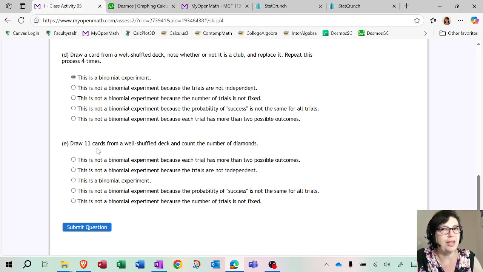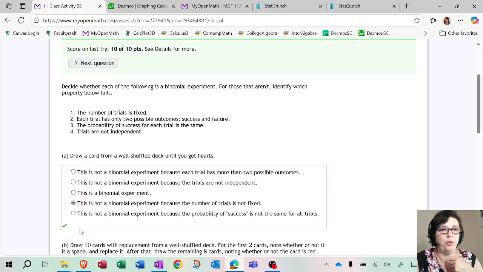So that means there is going to be a different probability. It will be 12 divided by 51, right? Because only 12 diamonds are left and there are 51 cards left in the deck. Originally there were 52. Here, because we're not replacing the cards, the probability of a diamond on the next trial is going to depend on what happens on the previous ones. So this is not independent. That's why it's not a binomial experiment.